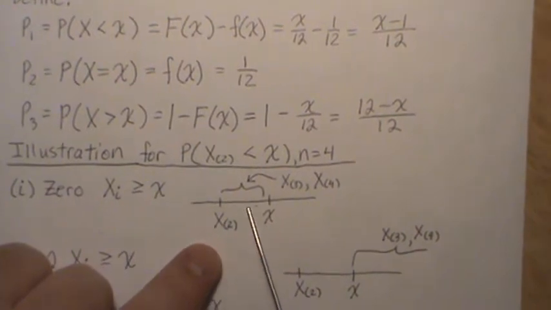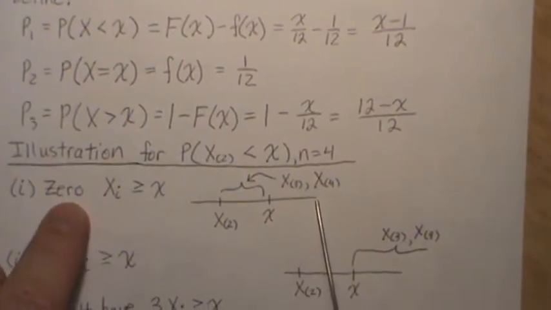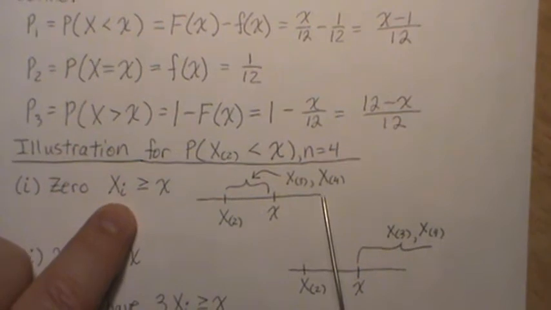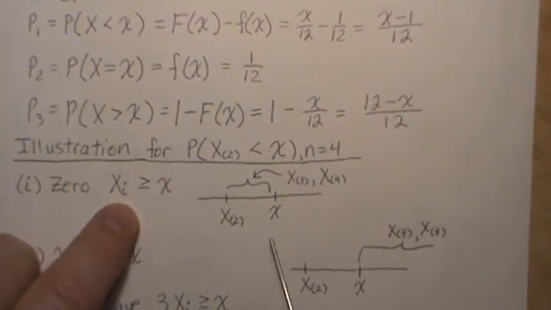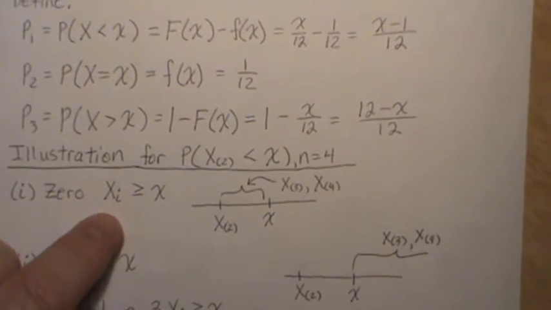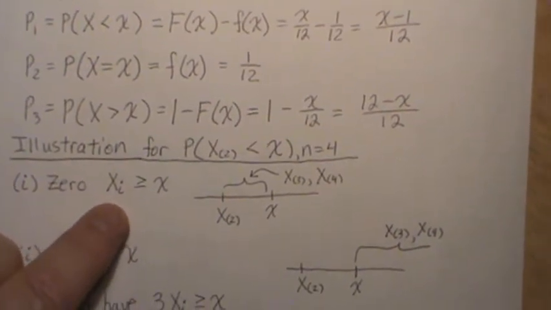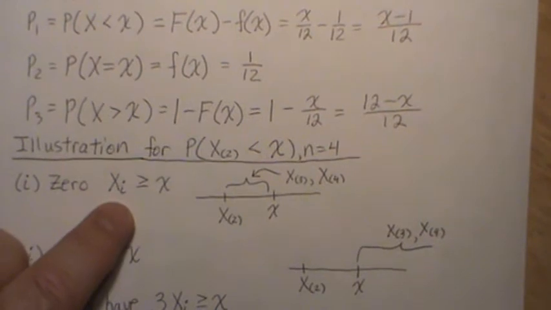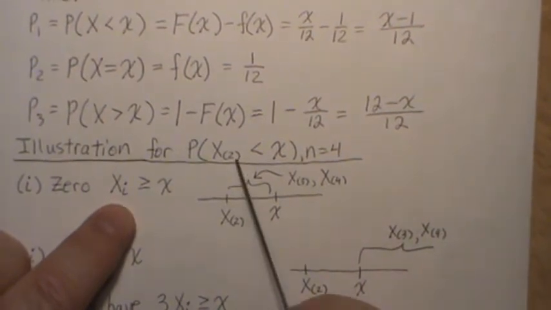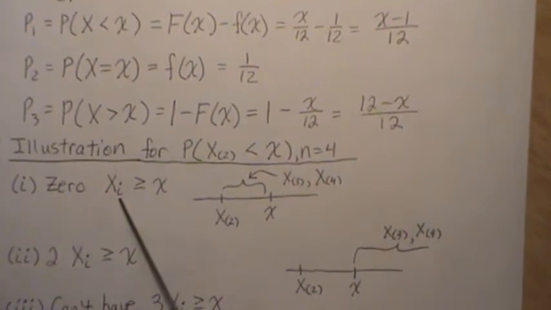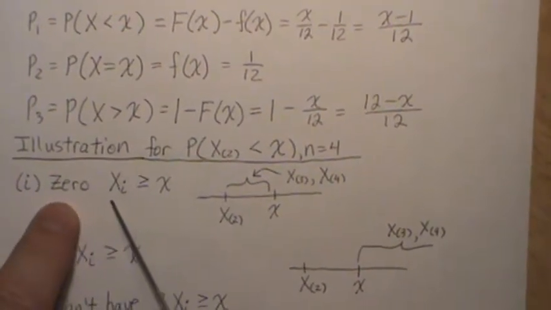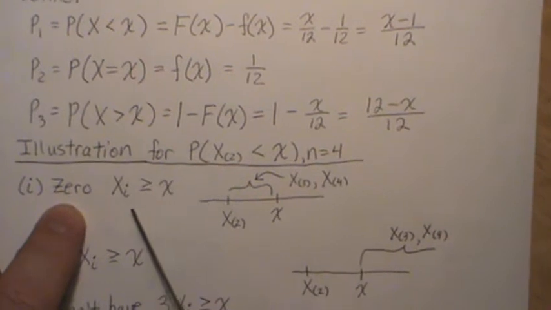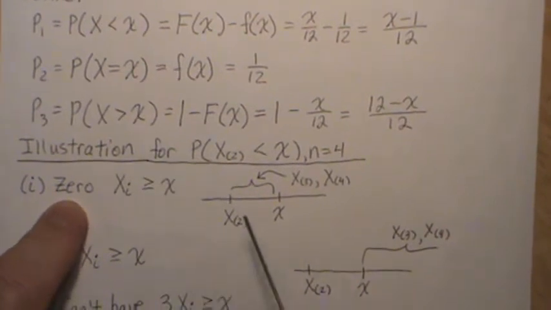This is a number line, and here we're going to let 0 of our Xi be greater than or equal to this value x. We've taken a sample of size 4, so we have X1, X2, X3, X4. That is different than putting a parenthesis around it. This is just our raw sample of size 4. We assume that 0 of our sample is greater than or equal to x.